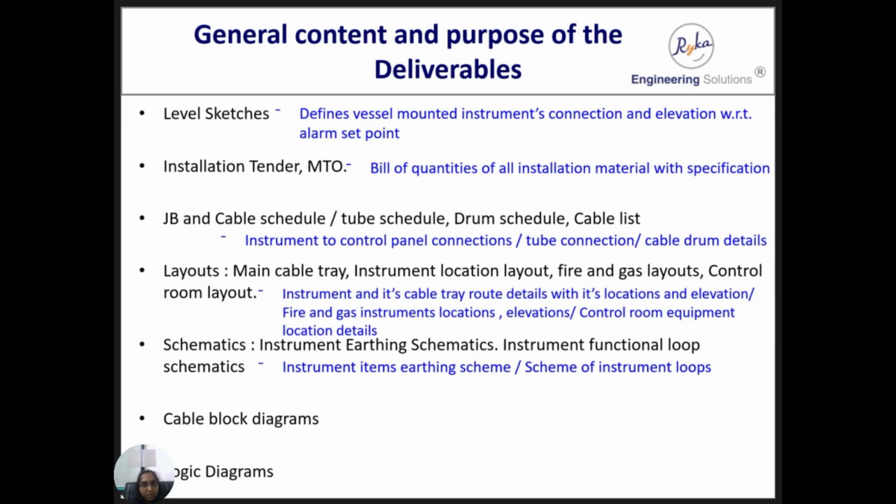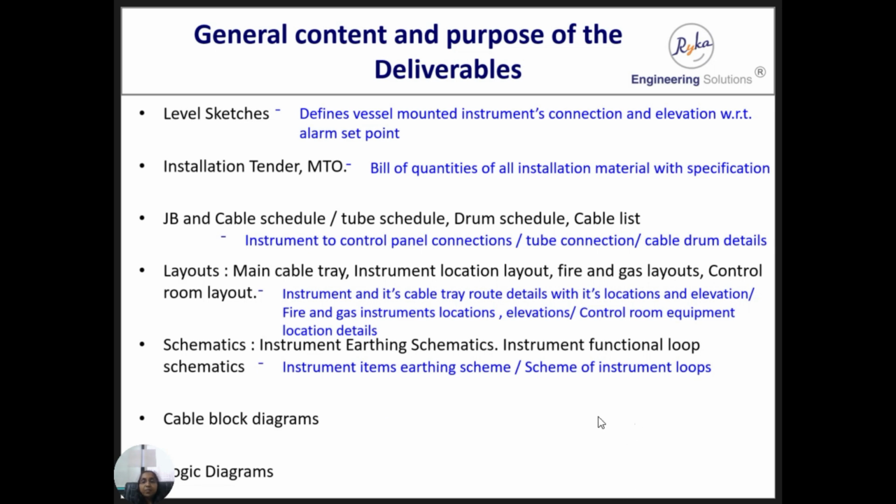Loops are groups of instruments with respect to the sequence of instructions executing in the control system. So based on that, when one prepares the instrument IO list, the engineer specifies the loop name there. Loop names are formed based on the sequence of instructions executing for those tag numbers. So the loop schematic document is for the control system engineer.